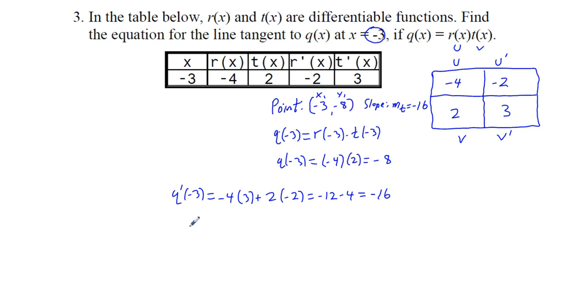So our tangent line is going to be y minus y1, and that's going to be minus negative 8, or plus 8, equals our slope m sub t, which is negative 16, times x minus negative 3, or x plus 3.